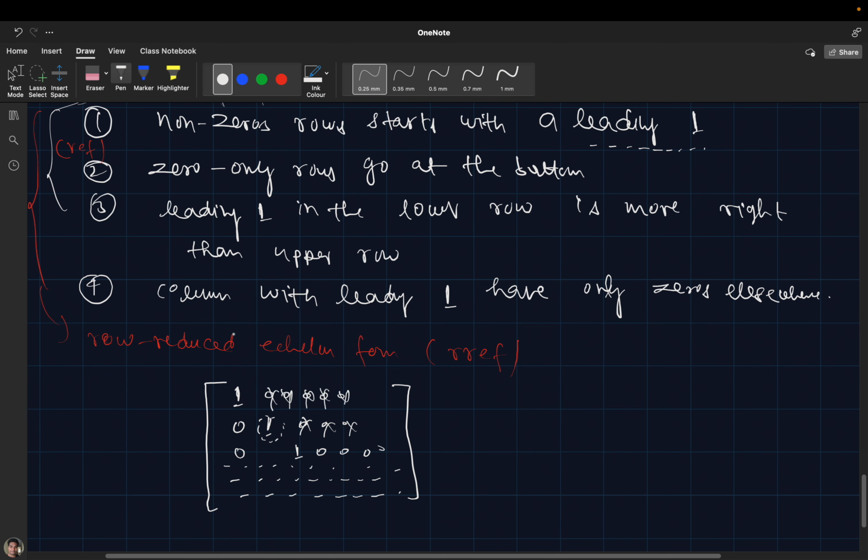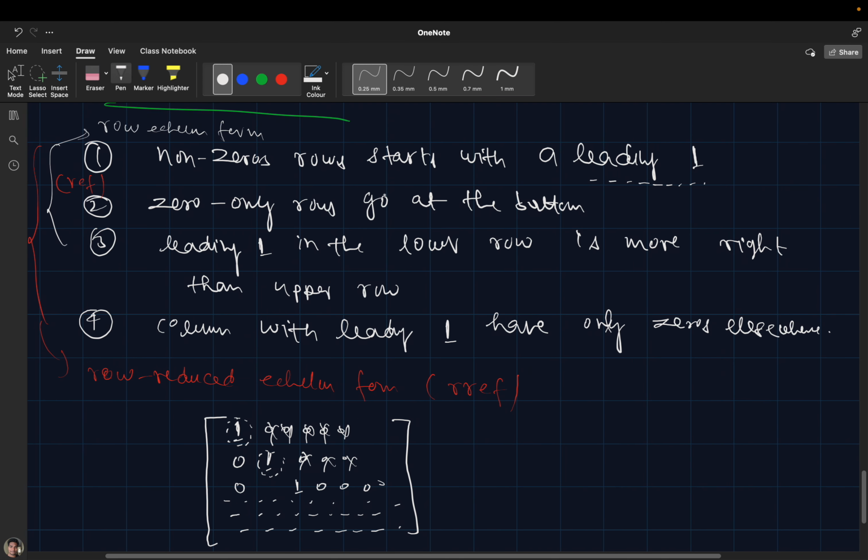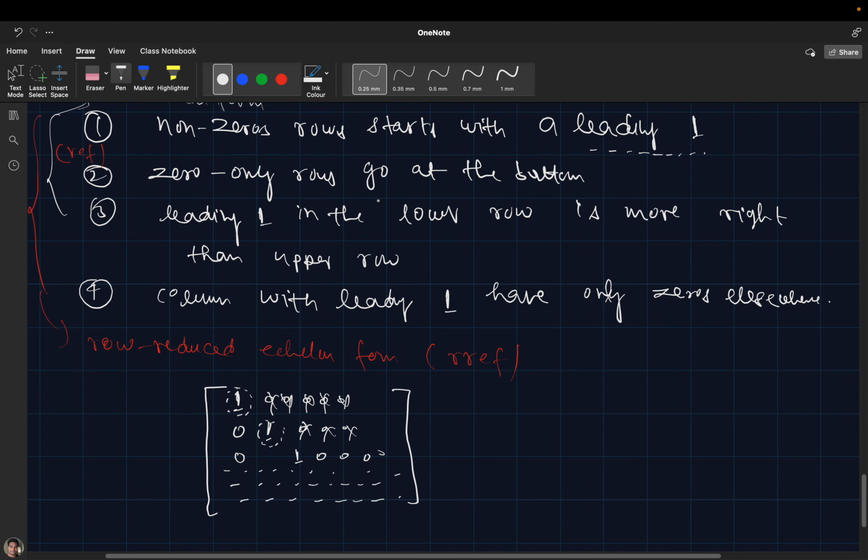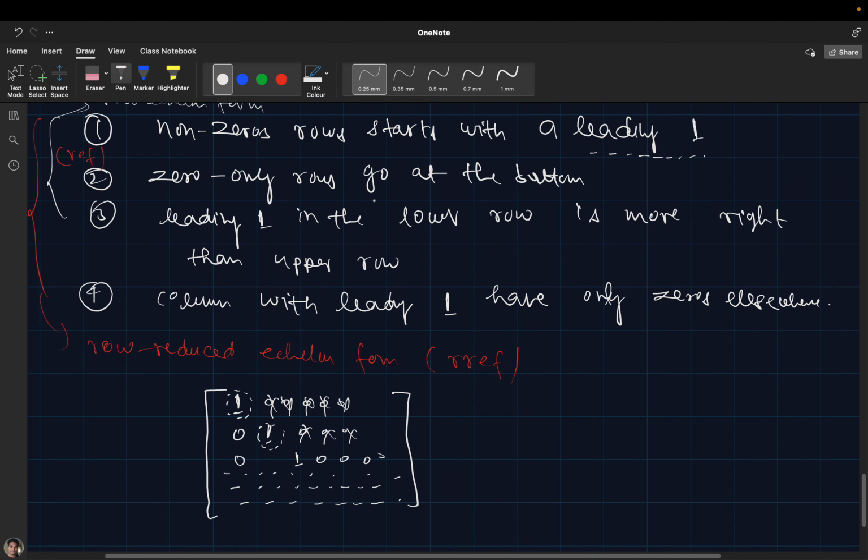The fourth condition says that if you have the leading one, then in that column every other element must be 0. If you had the leading one here, all other column elements must be 0. This is called row reduced echelon form. If you meet only the first three conditions, it is only row echelon form.